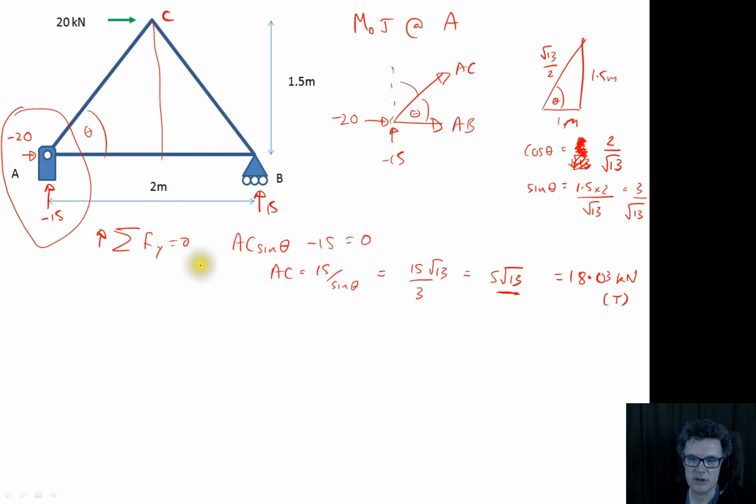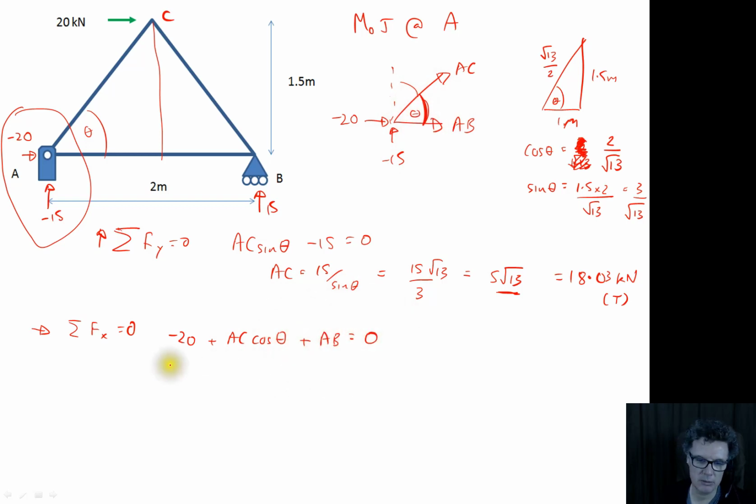Okay, now let's find the other force, the AB force, and we'll find that by resolving in the x direction. And what we got now? So we've got minus 20 going in the x direction, left-right direction, plus AC cos theta. I've swung through theta this time, plus AB equals 0.